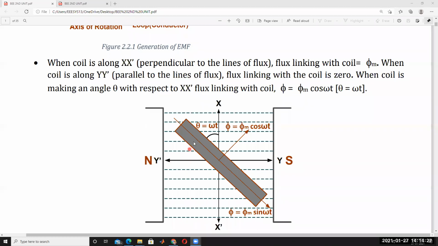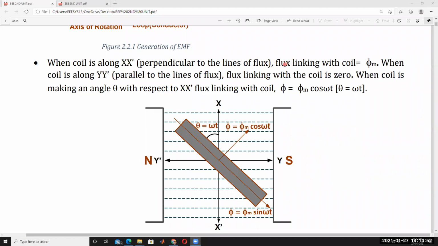No flux lines are cutting the conductor when it is placed along Y dash, parallel to the magnetic flux. When the conductor is placed perpendicular to the magnetic flux, only then does the maximum flux cut the conductor.